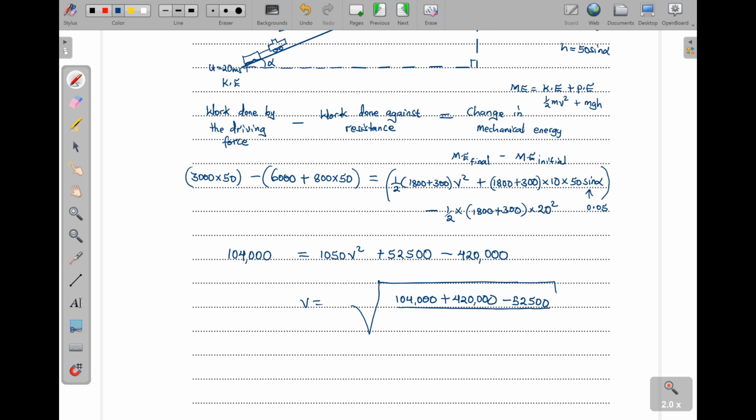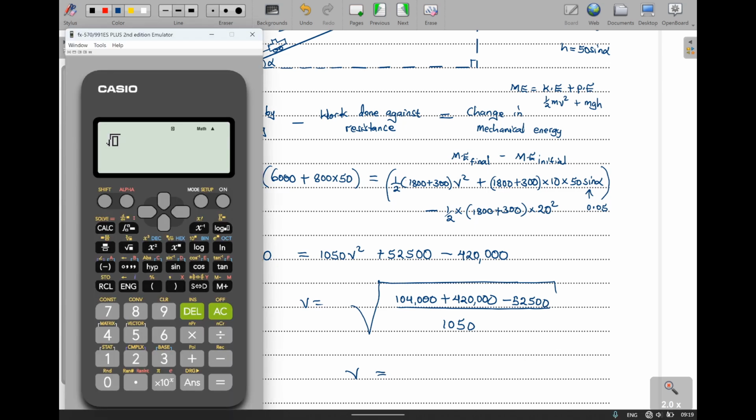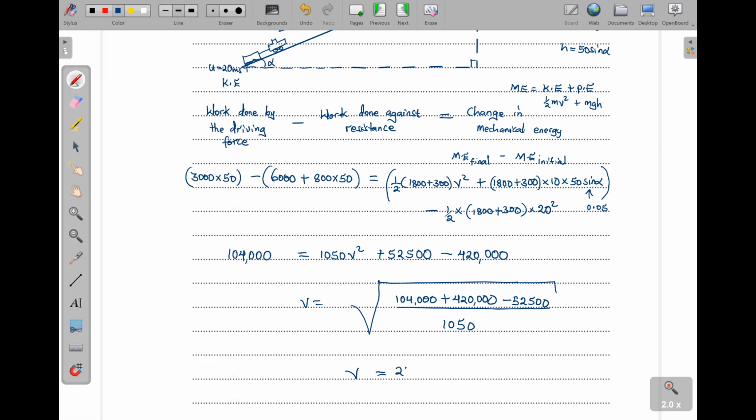Then we divide by 1050. So what will be the V to three significant figures? Square root of 104,000 plus 420,000, then minus 52500. Then down here we have 1050. That is 21.9 and the rest of those figures, but to three significant figures, this will be 21.2. 21.2 meters per second, and that is that.